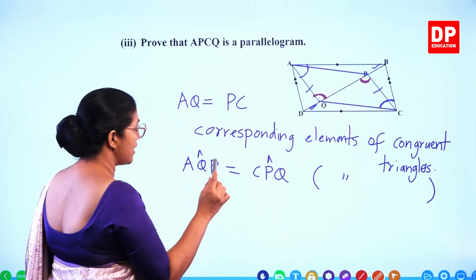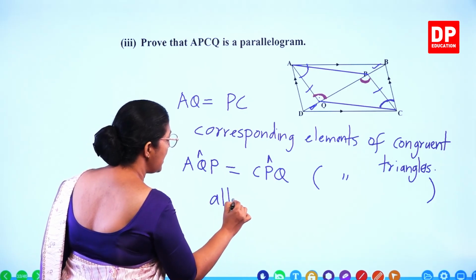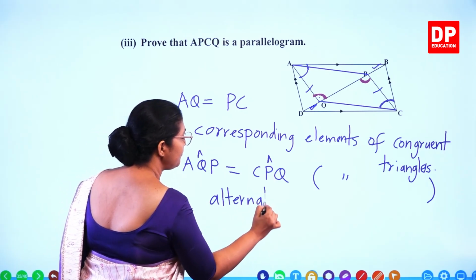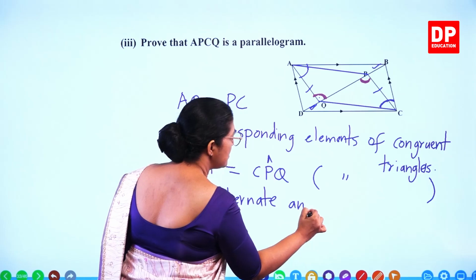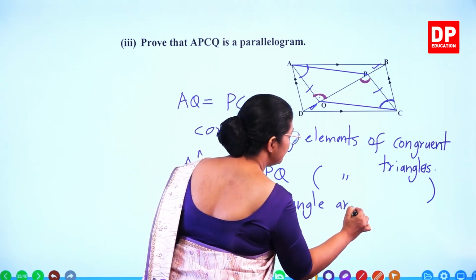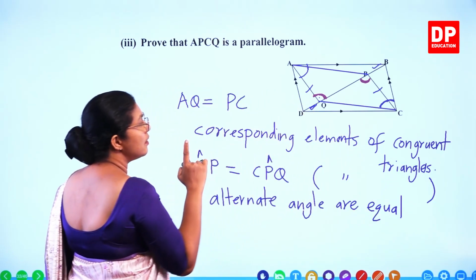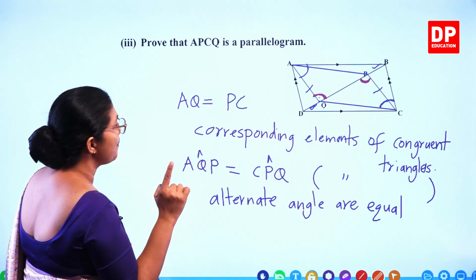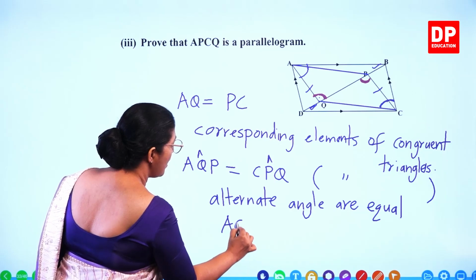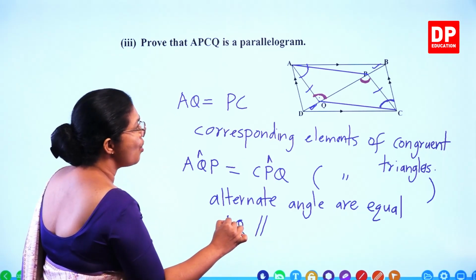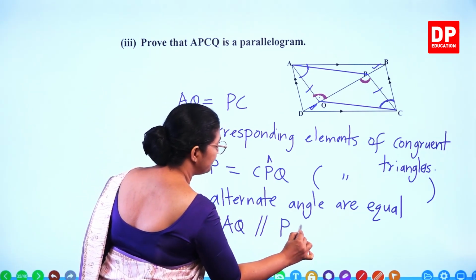That means alternate angles are equal. Those are alternate angles, so alternate angles are equal. That means the 2 lines are parallel. AQ is parallel to PC.